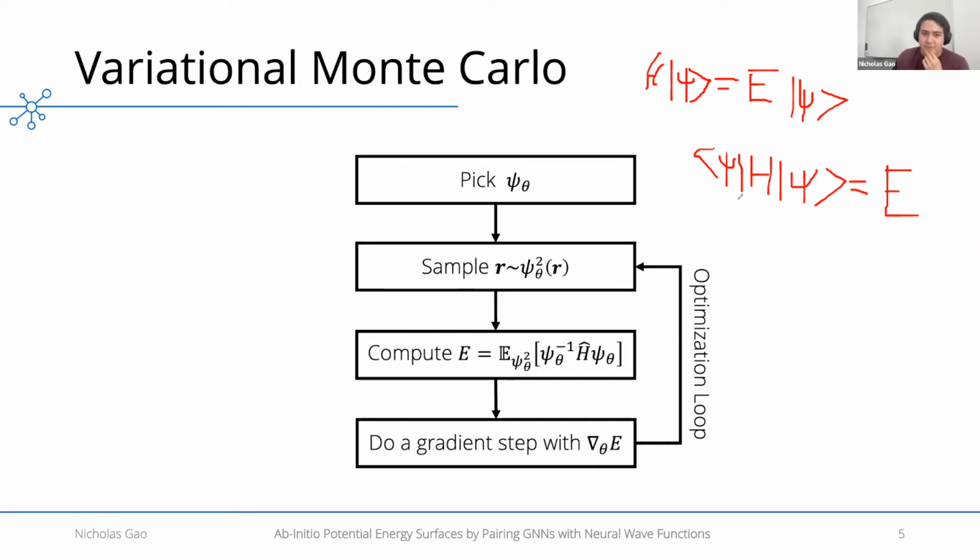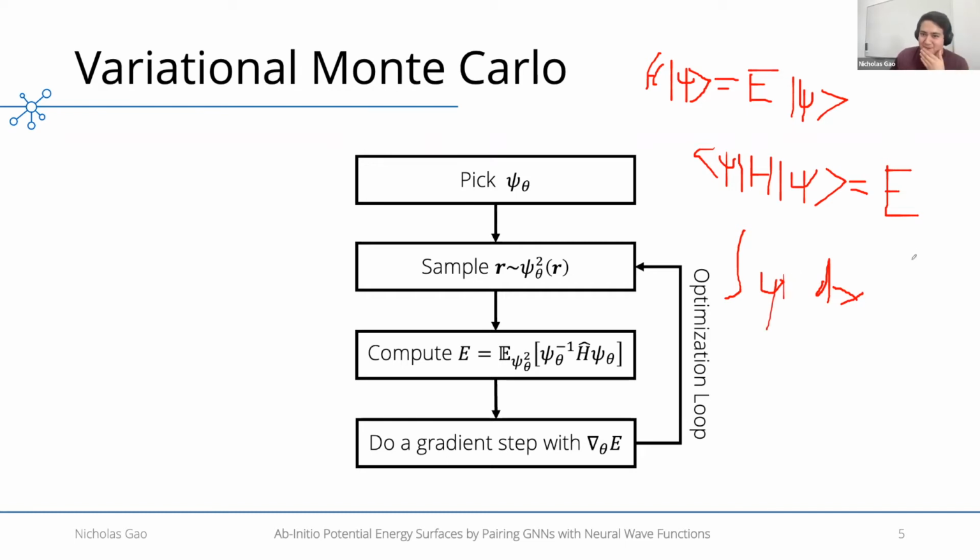And then what this thing on the left side means is essentially we evaluate an integral over the function arguments. So the inner product between two functions is the integral over their space. So this would be some x, and then you have psi, and then H, and so on.